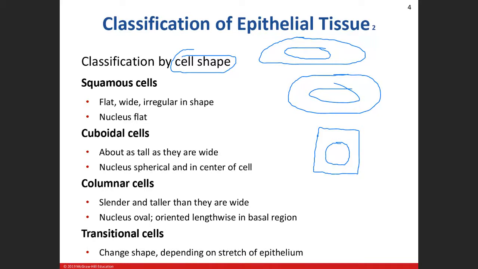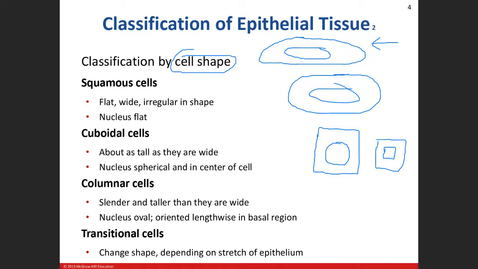Not exactly. I don't want you to think that in a cuboidal cell the nucleus is going to be a cuboidal shape also. The nucleus is always going to be some sort of spherical or rounded type. But since the squamous cell is flattened, so is the nucleus.